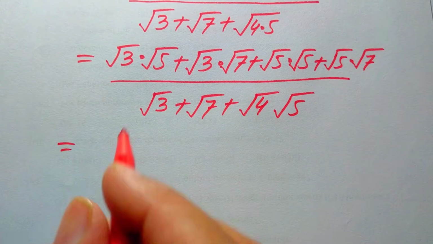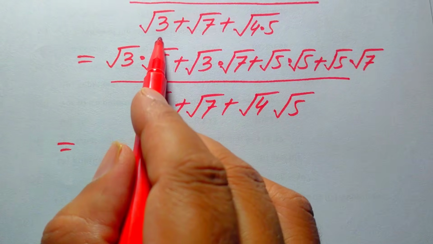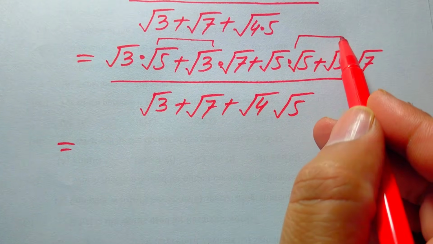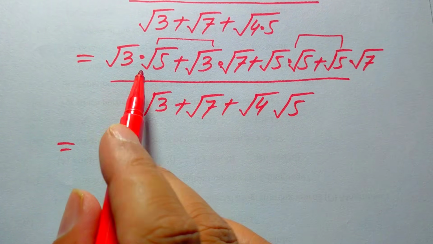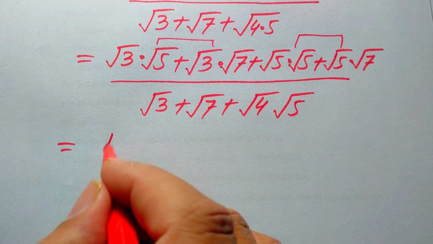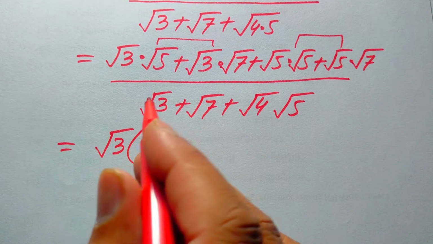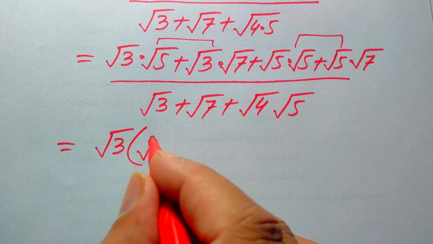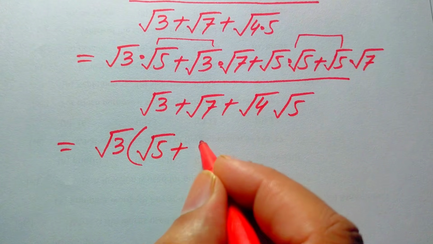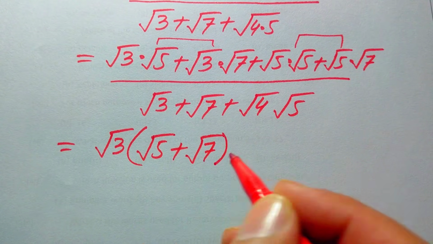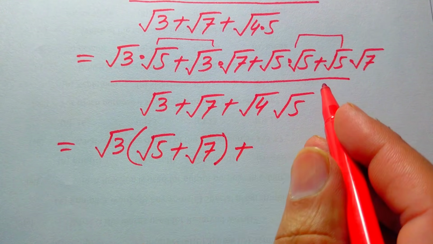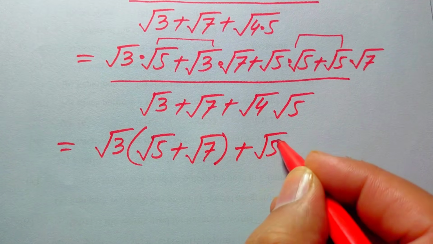And further in the next step, if you focus on the first two terms and the last two terms, in the first two terms we have square root of 3 as the common value, so when you take square root of 3 common, the remaining values are square root of 5 plus square root of 7. In the same pattern, from the last two terms we have square root of 5 as the common term.